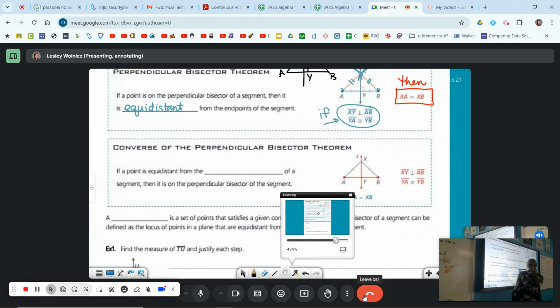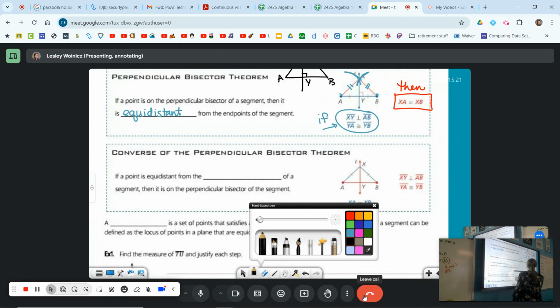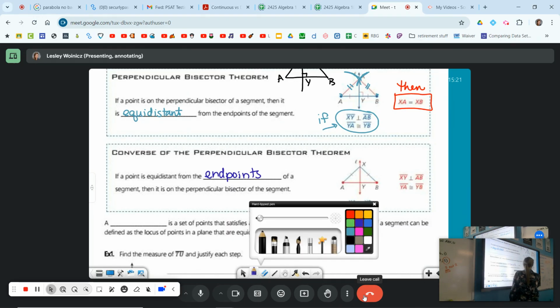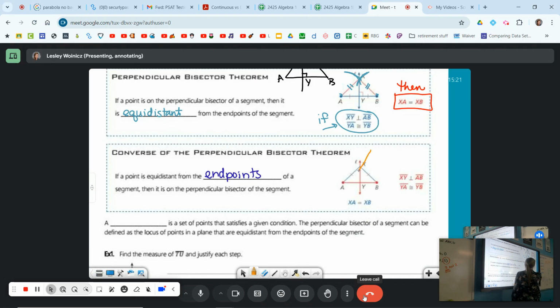So now we have the converse. The converse tells us that if our point is equidistant from the endpoints of a segment, then it is on the perpendicular bisector. So here's the tricky thing. I could have it going like this.